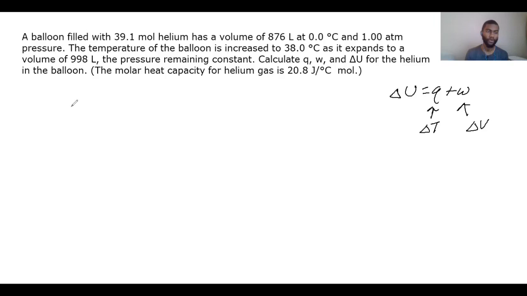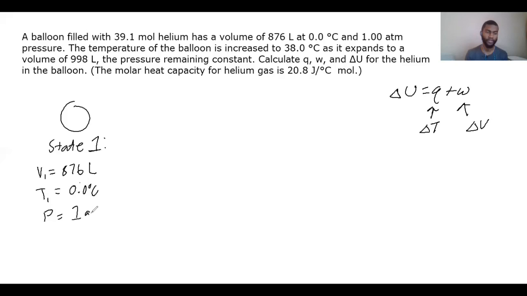So with those two hints, let's start to work on some of this problem. We know that we've got a balloon here in state 1, the initial state. It's got a volume of 876 liters. The temperature is 0 degrees Celsius, and the pressure is kept at 1 atm. We move to state 2.